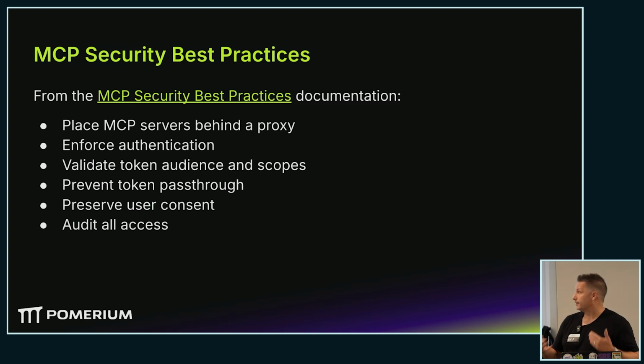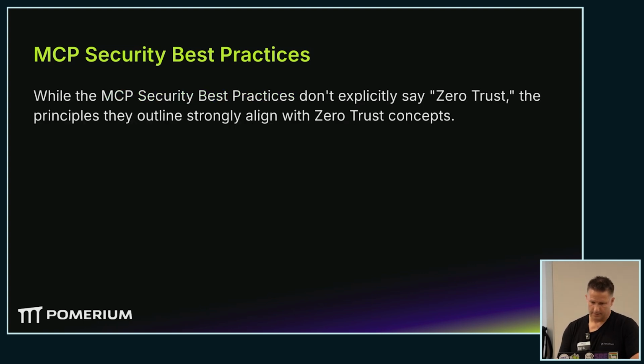You can observe all that and put it into your observability, Grafana or whatever you're using. While they don't really say use zero trust, a lot of the security best practices imply a zero trust security model.